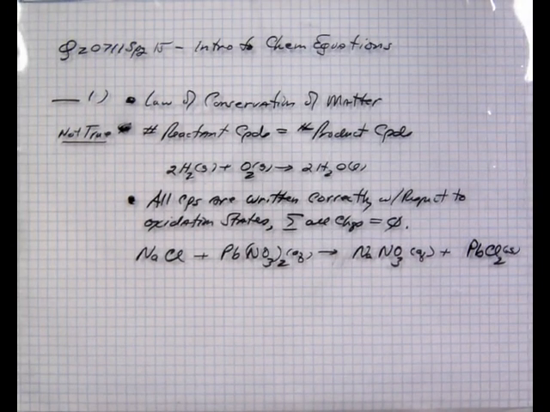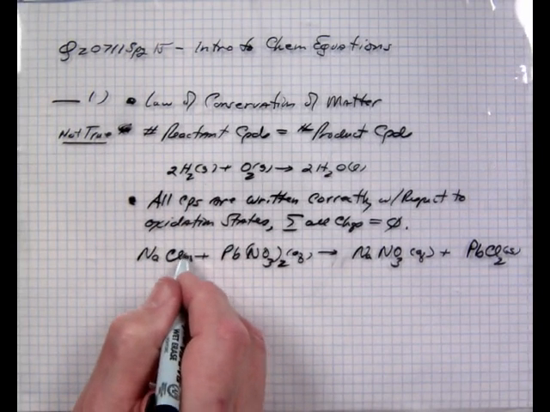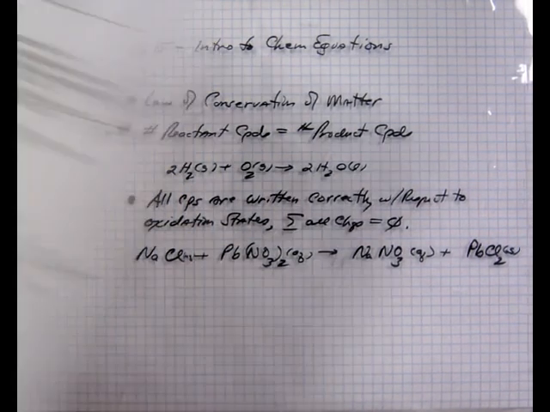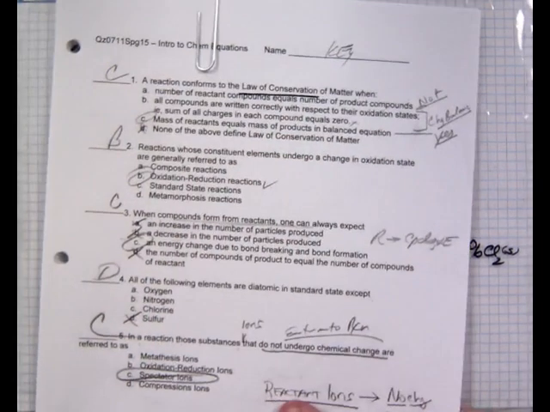In writing this notation, all of the substances are written correctly. The sum of the charges are balanced. But does that conform to the law of conservation of matter, which was the object of this problem?